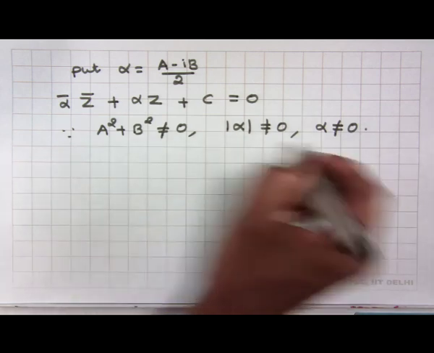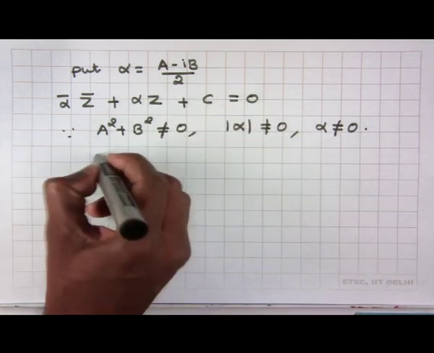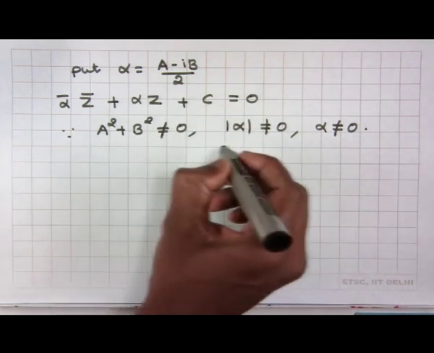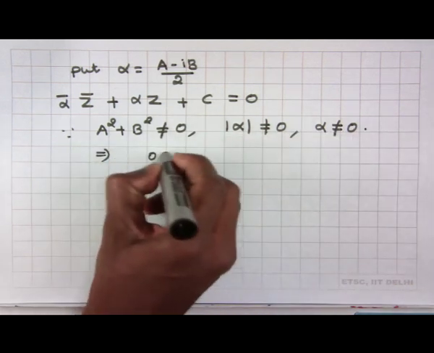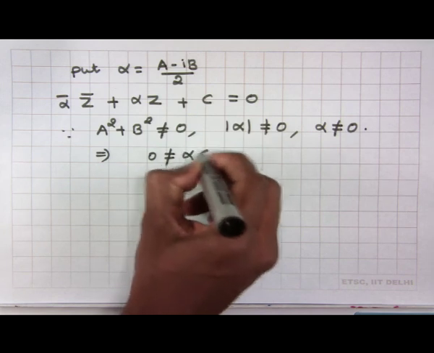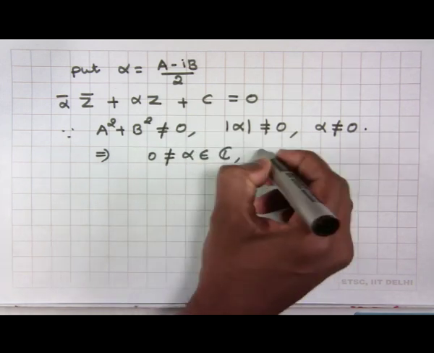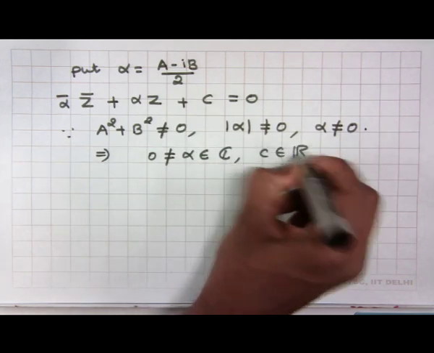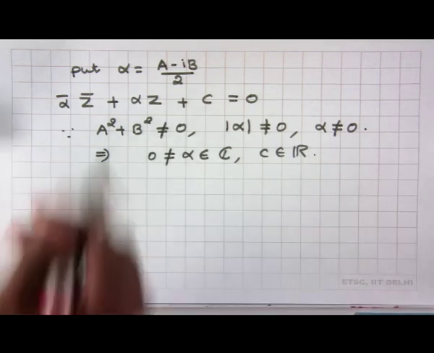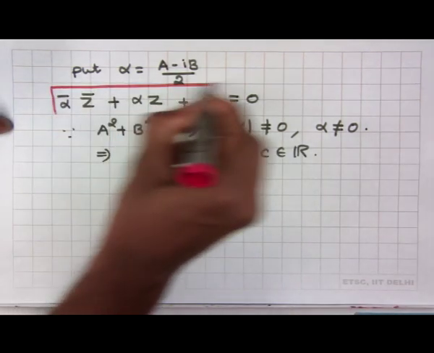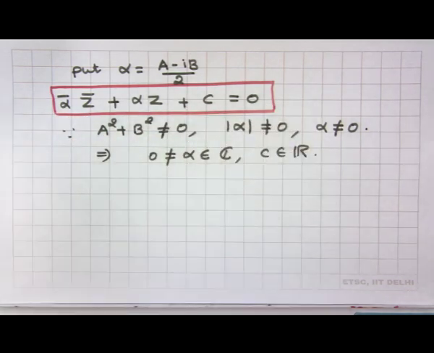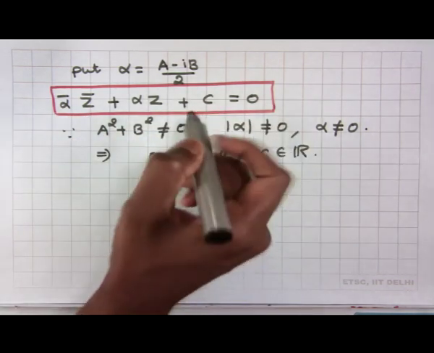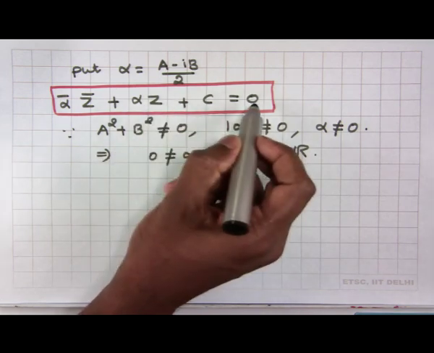Another observation is that c is a real number. So, if I summarize, alpha is a non-zero complex number and c is a real number. So we get the following equation, which describes the straight line in the complex plane.